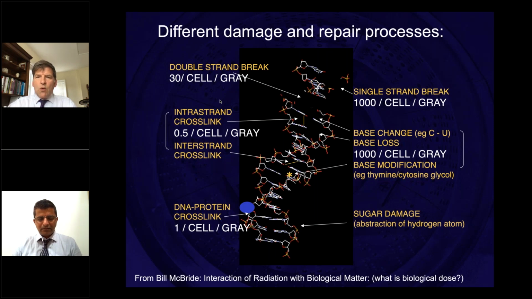We get approximately 1,000 single strand breaks, and these are the ones that are more readily repaired. But also we get intrastrand crosslinks, base changes, base losses, DNA protein crosslinks, and sugar damage. We get many different types of damage, and these are repaired, we think, often at different rates.